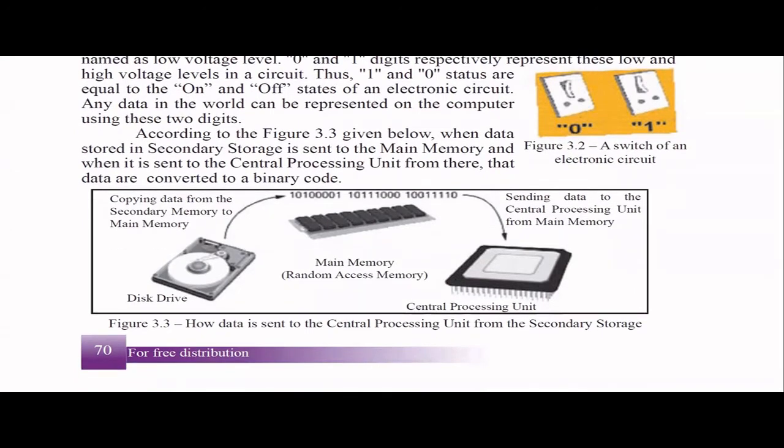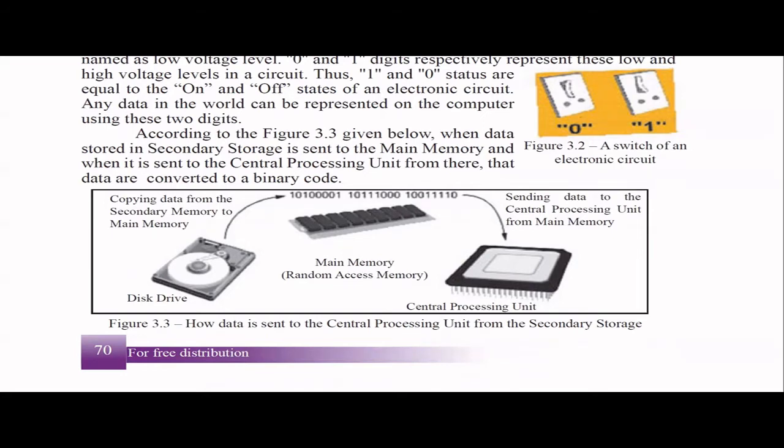In the earlier example, we learned how input devices give data to the computer and how it is converted. When data is stored in secondary storage, it is sent to the main memory, and then to the central processing unit.